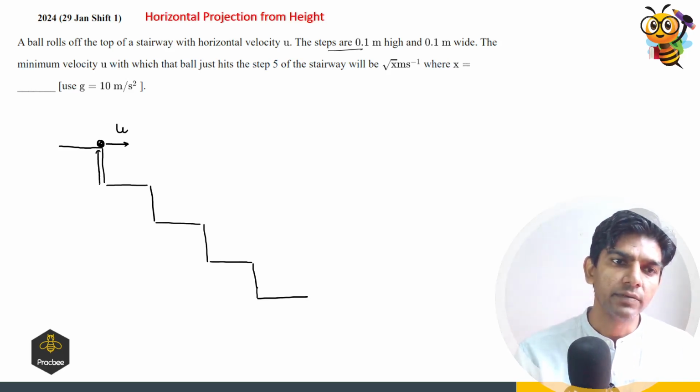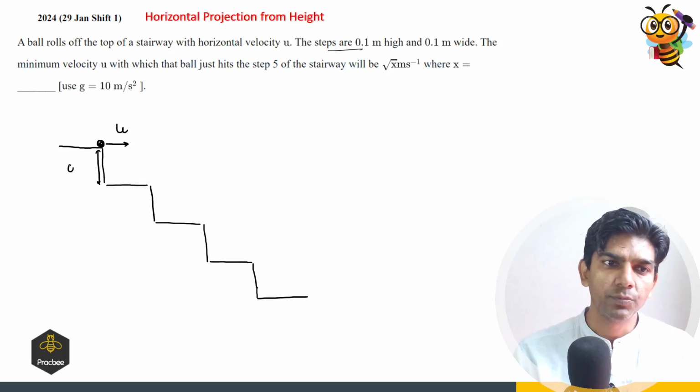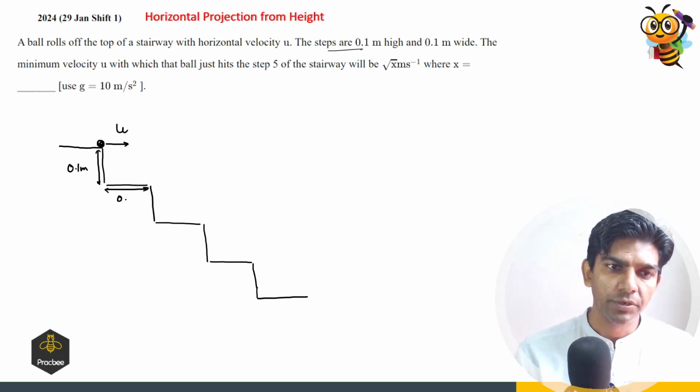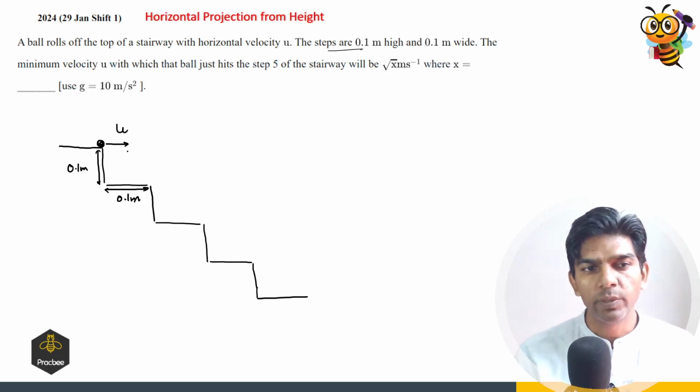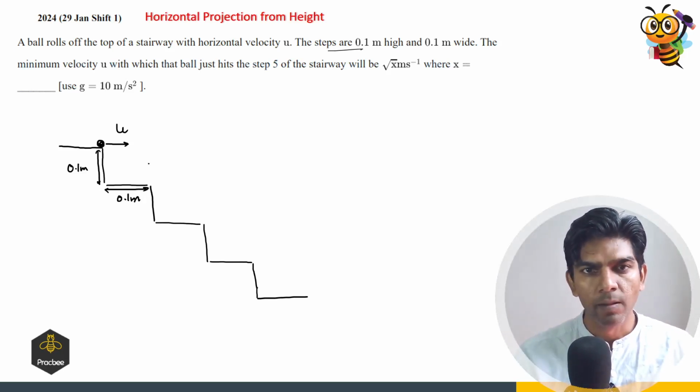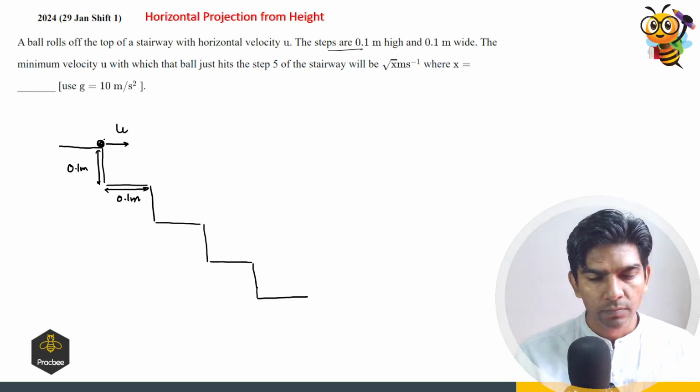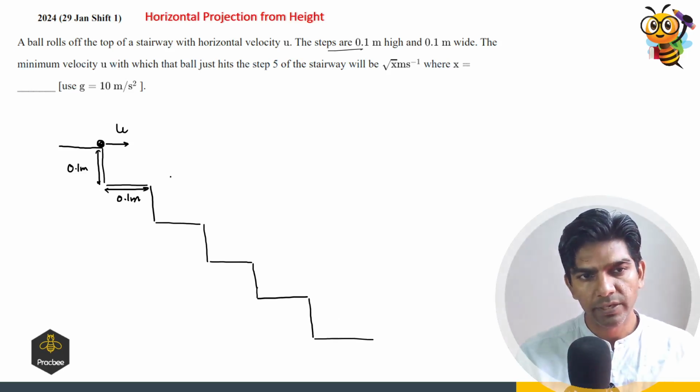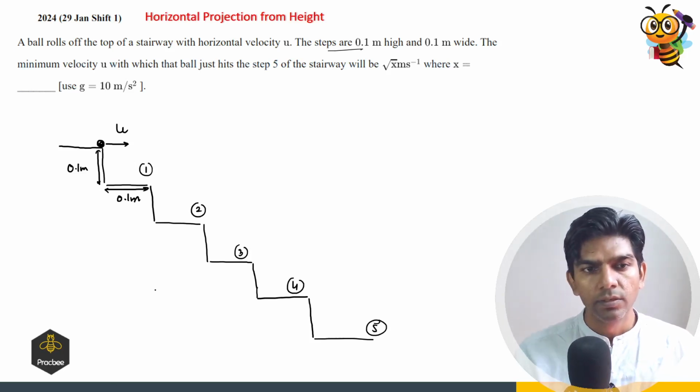The height of each step is given as 0.1 meter, and the width of each step is given as 0.1 meter, and we make sure this ball hits the fifth step. So that is the fifth step, right? This one is the first one, this is second, this is third, fourth, and fifth, right?